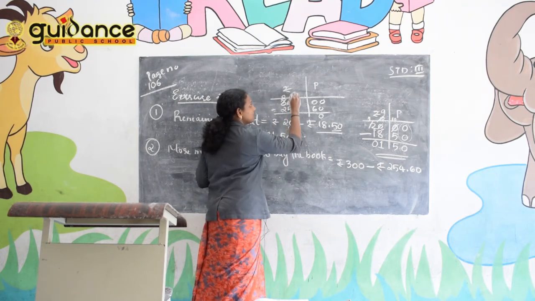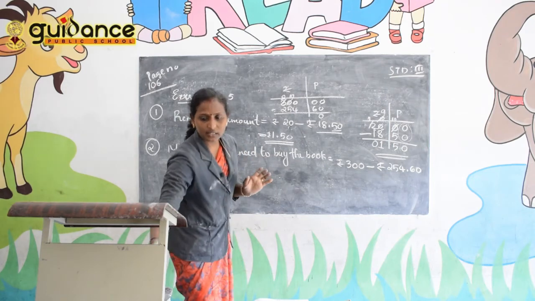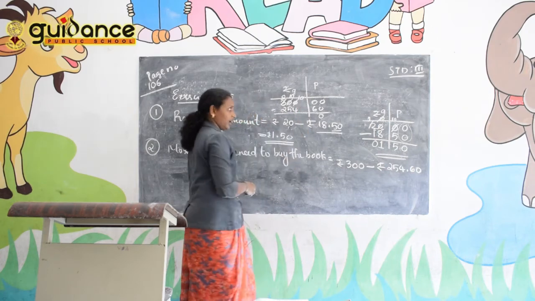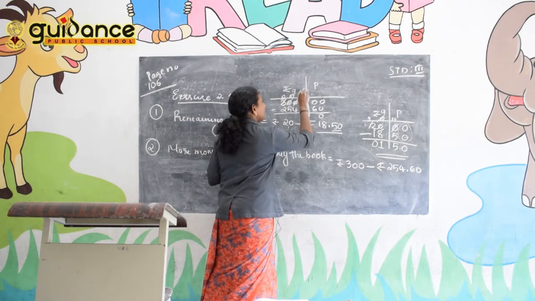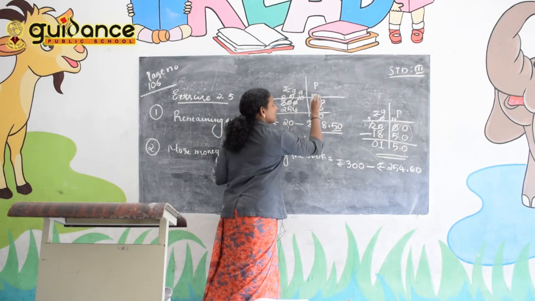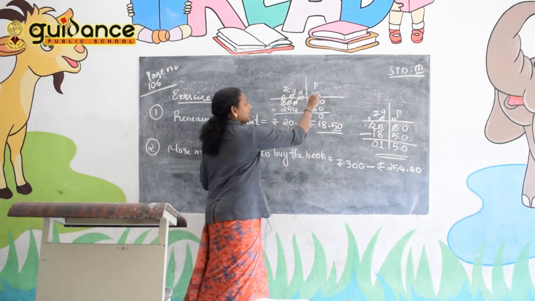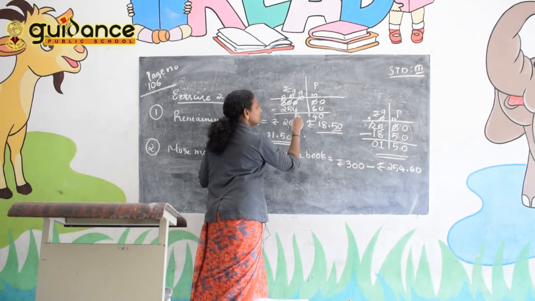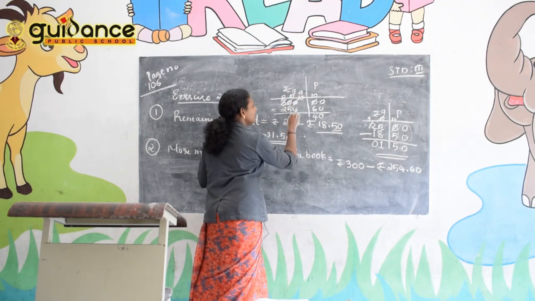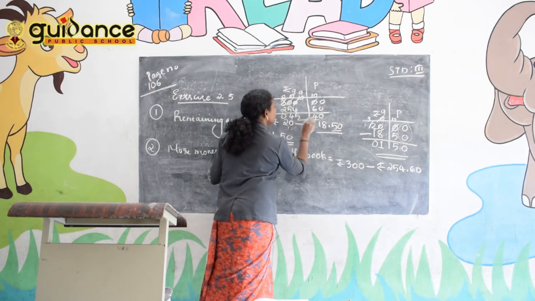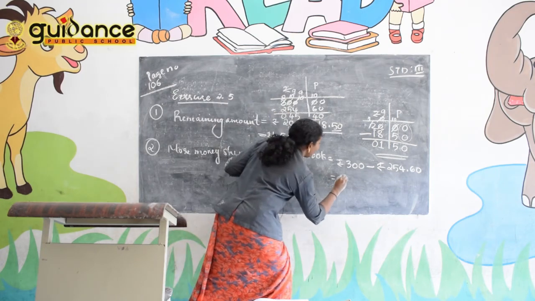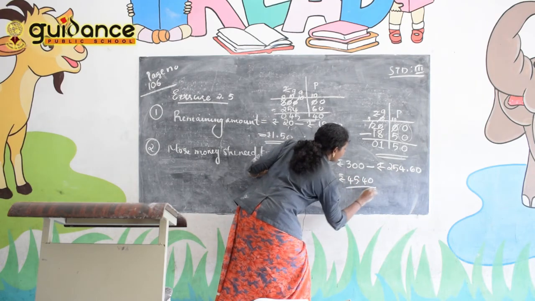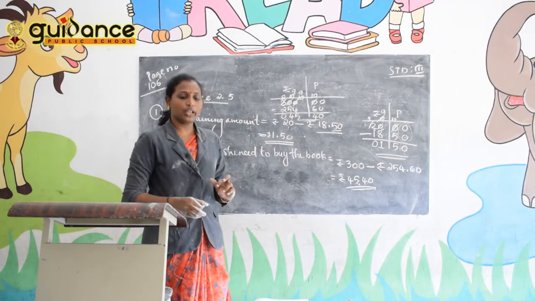Then 0 becomes 10 and reduces the 9; we take the borrow. 10 becomes 9 and 0 becomes 10. 10 minus 6, 4. 9 minus 4, 5. 9 minus 5, 4. 2 minus 2, 0. So how much more amount is needed? 45 rupees. Okay, that is today's portion.